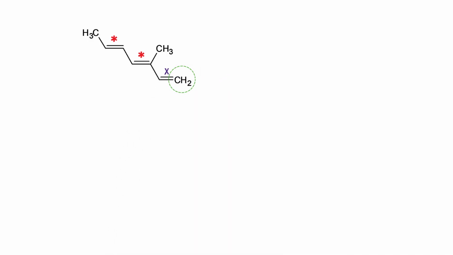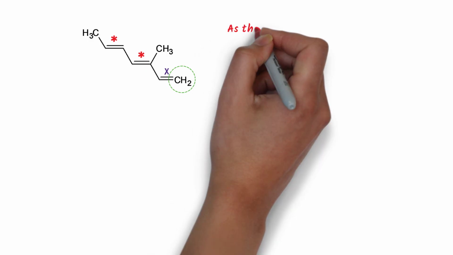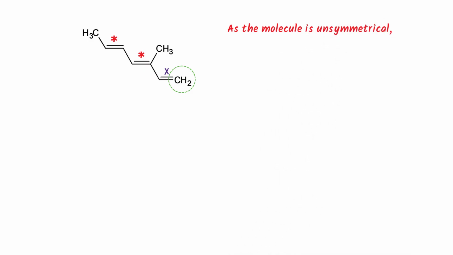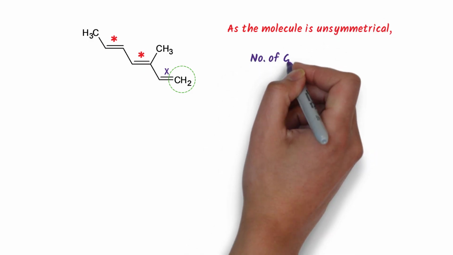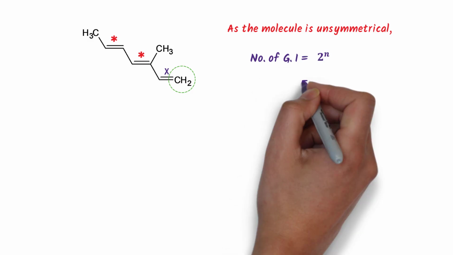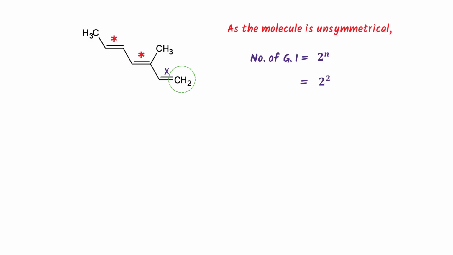So clearly there are just 2 stereocenters in that molecule. Moreover, as the molecule is unsymmetrical, the number of geometrical isomers will be equal to 2 raised to the power n, and as there are 2 stereocenters, that will be 2 raised to the power 2, which is 4. So the number of geometrical isomers in that particular molecule will be just 4.